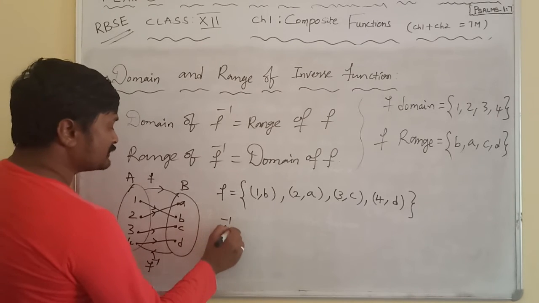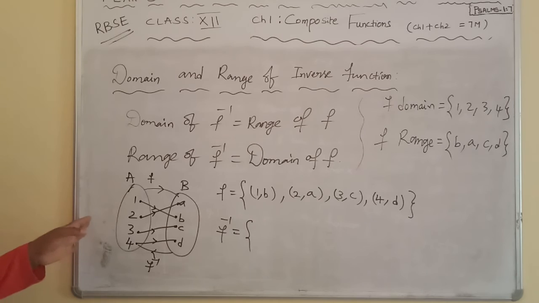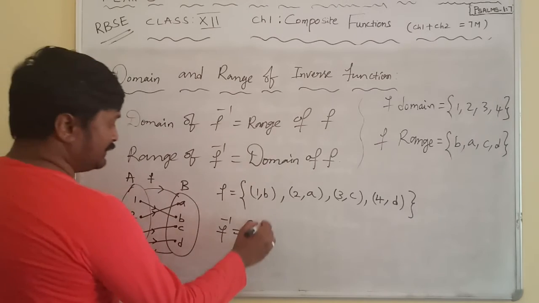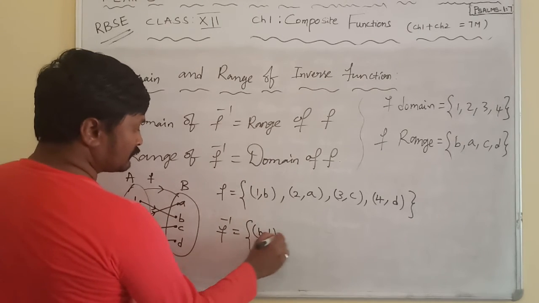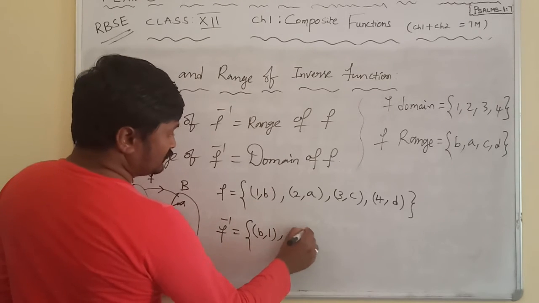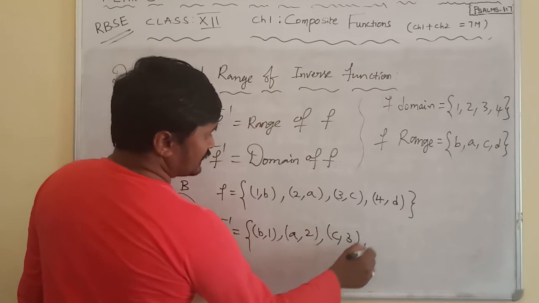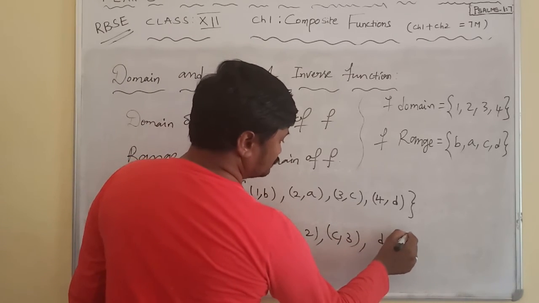Now f inverse. Here you clearly observe that f is one-to-one and onto. So what is f inverse? According to our definition, (y, x) such that x belongs to A and y belongs to B, which we discussed. So (b, 1), (a, 2), (c, 3), (d, 4).